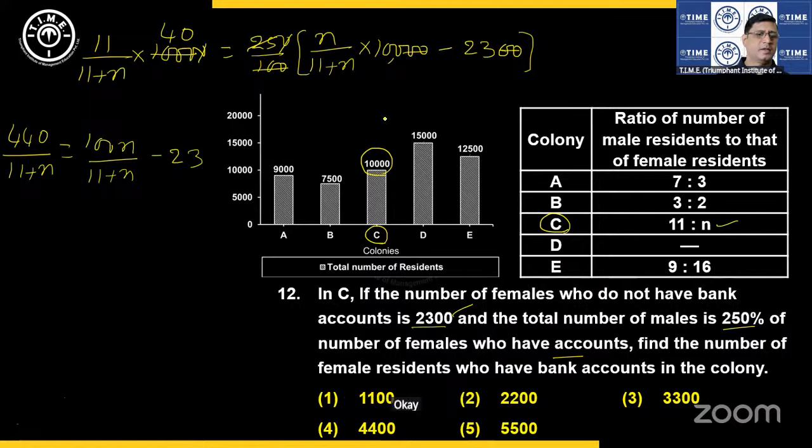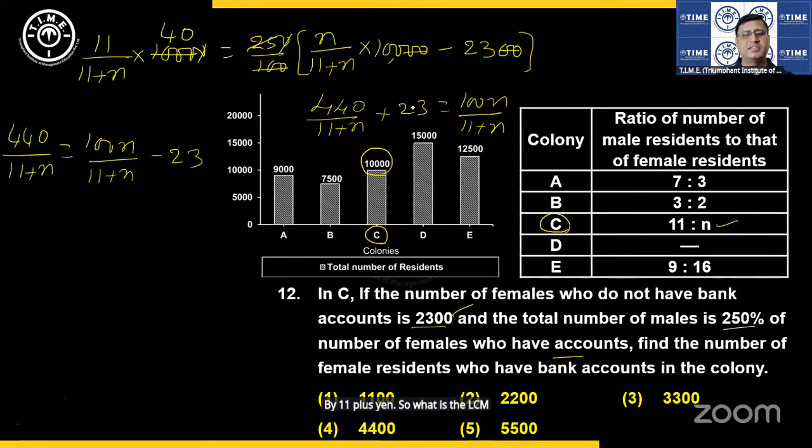Okay. Simplify. By taking this 23 to the other side, it will become plus 23. So 440 by 11 plus n plus 23 is equal to 100n by 11 plus n. So what is the LCM on the left hand side? 11 plus n. 23 multiplied with 23 into 11.